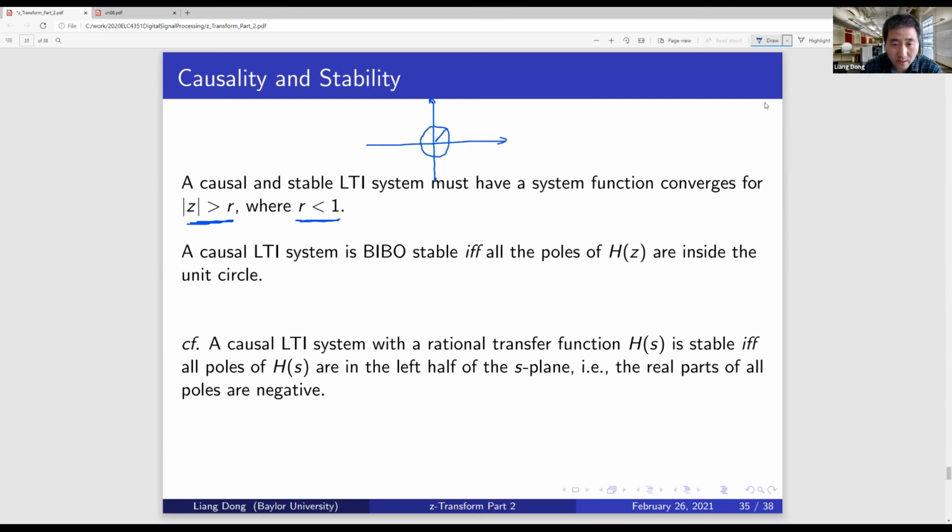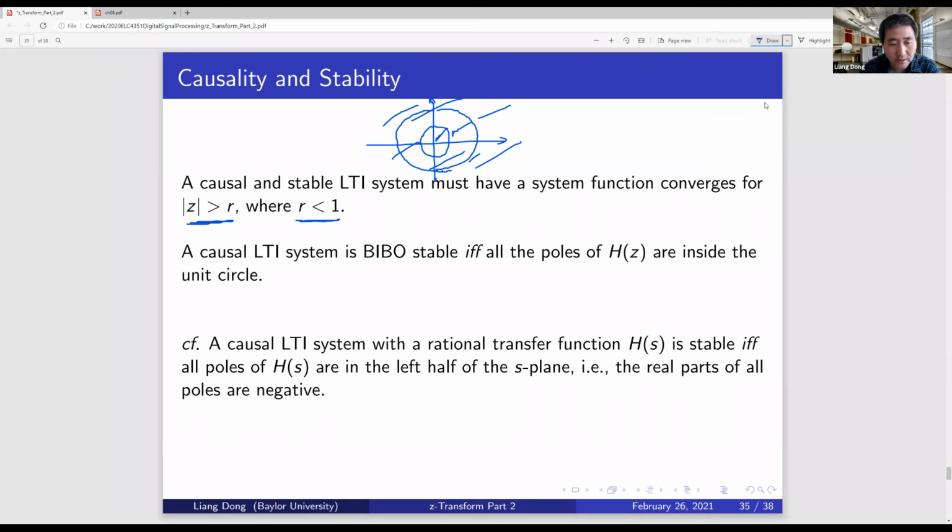So this R is the region of convergence boundary. R should be less than 1 because the unit circle should be inside. That's the radius of 1. We said the region of convergence should include the unit circle, right? So it should be there.